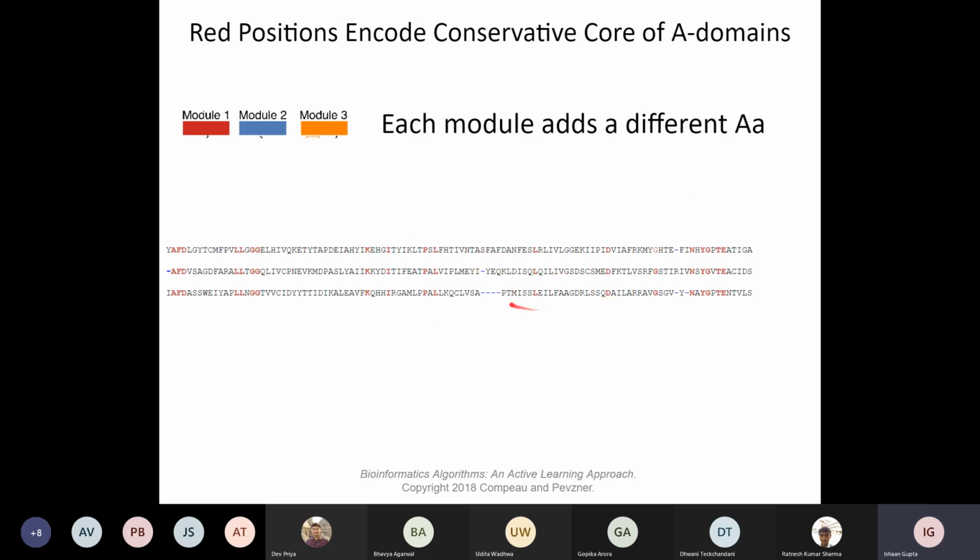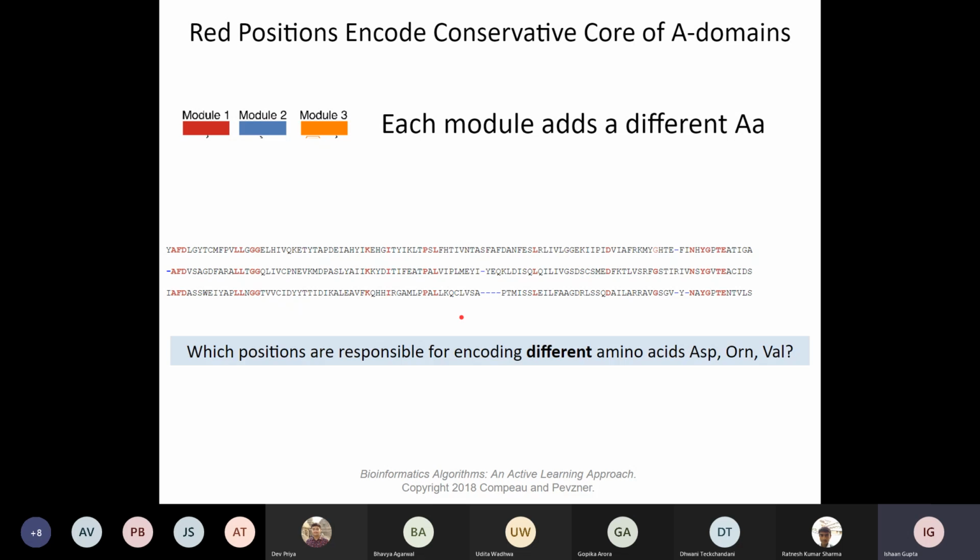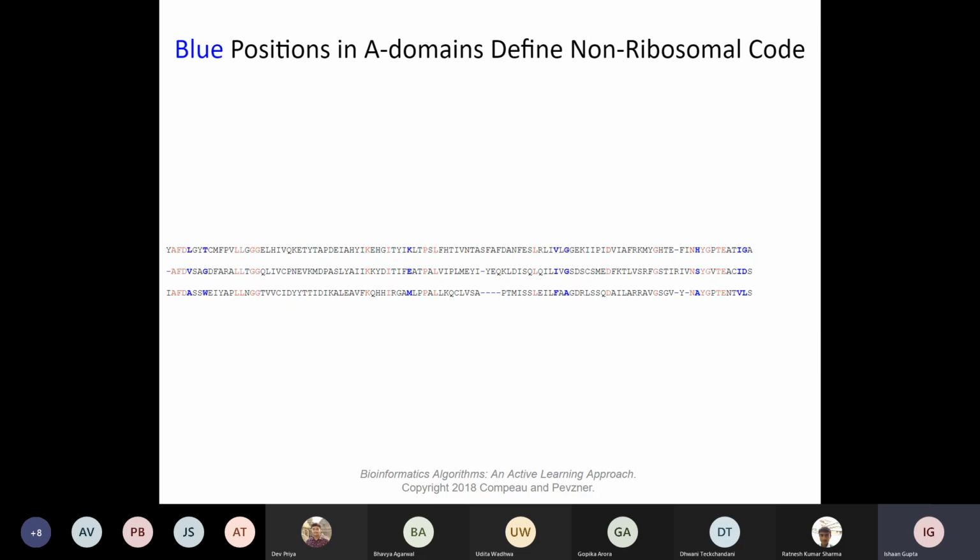So after this alignment, you can also look at the positions where there is a dramatic difference between each of these modules, and these can essentially be tested. For example, in this case, the positions highlighted in blue are defining the specificity of each of these modules to add a different amino acid to the growing chain.